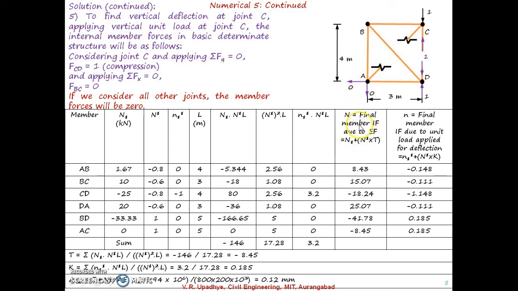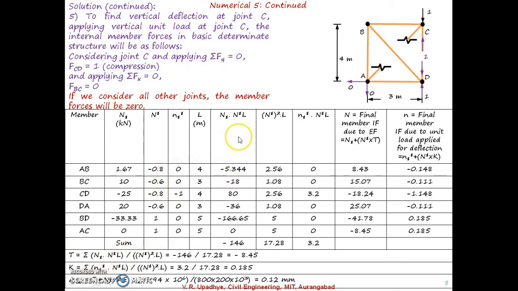So this column N is for the final member internal forces due to external forces, and the term T is calculated over here, as shown, T is equal to summation of N1 N dash L.